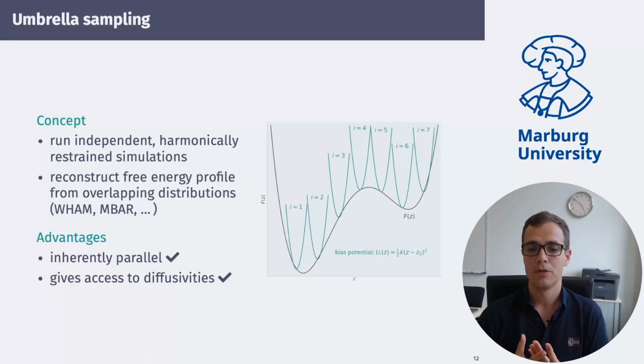So how do you do that? Well, for free energy calculations, we have a range of really great methods. Most of them are collective variable based, and you can use any of them to get a free energy. But getting diffusivities, position-dependent diffusivities, is a lot more challenging.